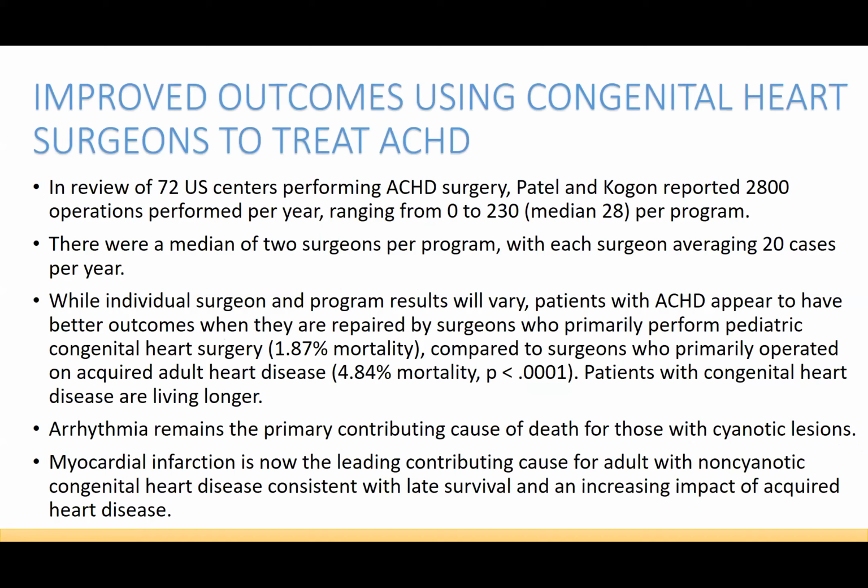In a review of 72 US centers, there were 2,800 operations performed per year, ranging from 0 to 230. The median was 28 per program, with 2 surgeons at each one averaging 20 cases per year.